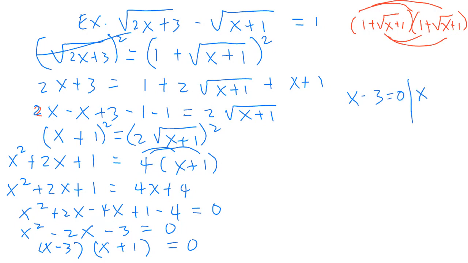And the other one, x plus 1 is equal to 0. So x therefore is 3, by moving -3 to the right side it becomes a +3. And then x equals, on the second factor, I will move 1 to the right side, it becomes a -1. And that will be the value for x there.